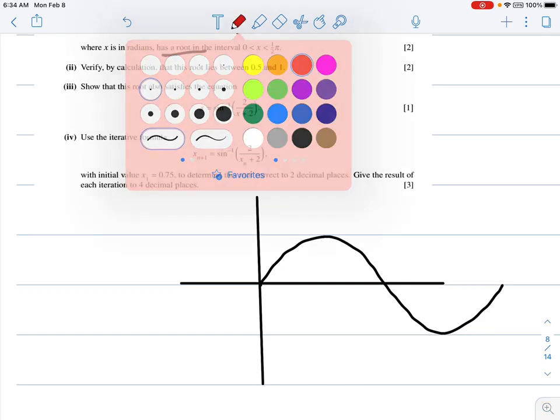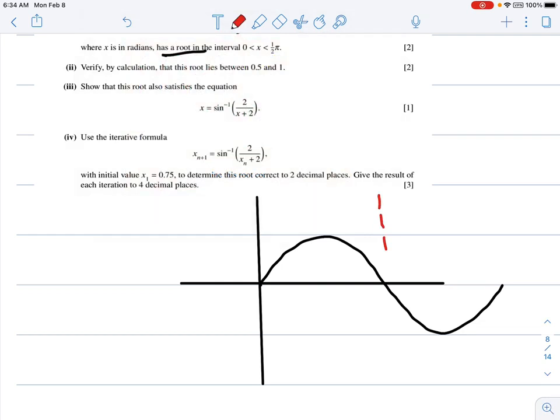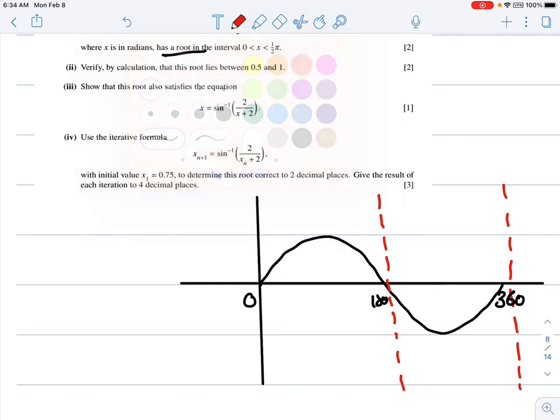Then draw an asymptote. Extend this line till here. So this is 0, this is 180, this is 360. Now once you have drawn the asymptote, there is one more asymptote over here also at the y-axis. You can draw one more asymptote.